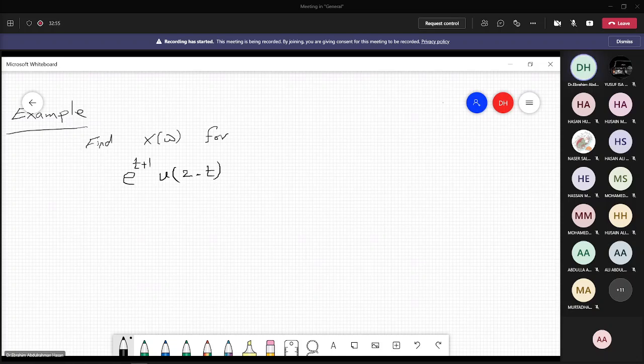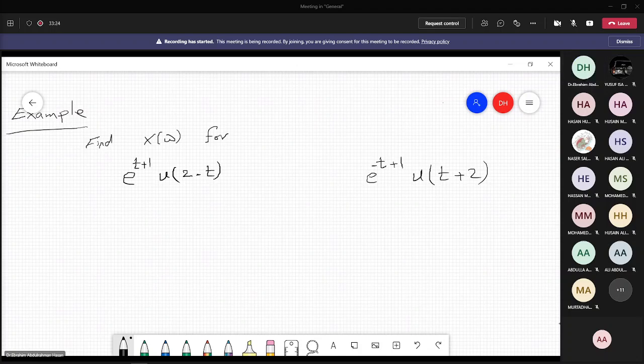How do we solve this? Okay, can we solve this one? e to the power of minus t plus 1 u of t plus 2. Yes, we can solve it. What is the difference between this and this? It is just minus t. So here we multiply it with minus t.